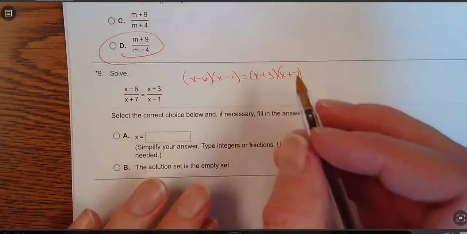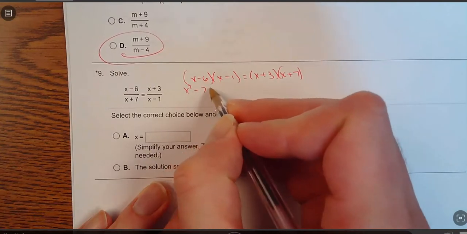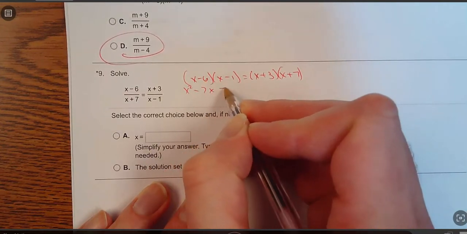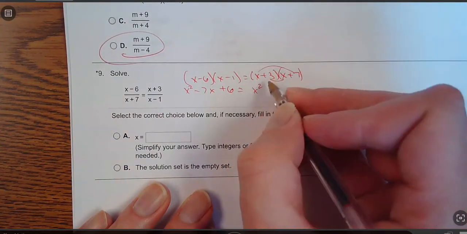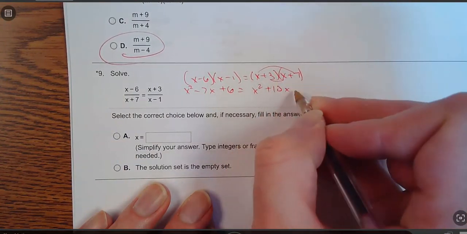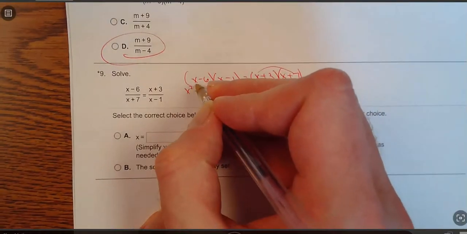So let's simplify these sides. So this would be x squared minus 1 minus 6 is minus 7x, and then plus 6. Over here I got x squared, 7x plus 3x would be 10x, plus 21. And then, let's see, so the x squareds cancel.